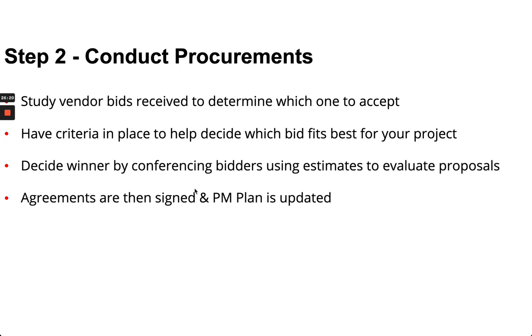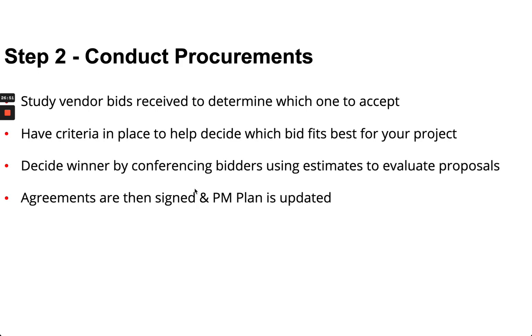The second step is to actually then conduct it. You want to study the vendors. Who do you want to send the bid out to eventually be able to select the best one for you? Maybe have some type of what's called conference bidding, where you use the estimate to evaluate proposals. And I think many of you would agree that have been involved in this process.